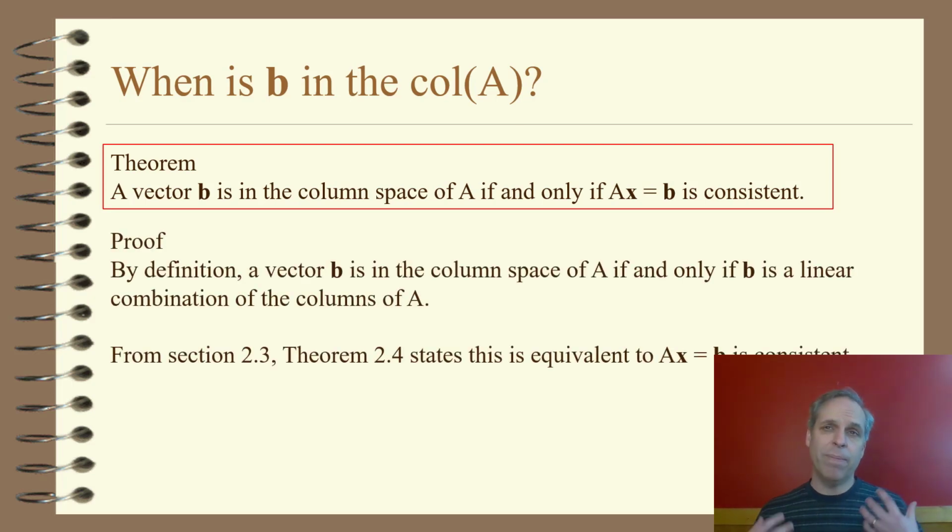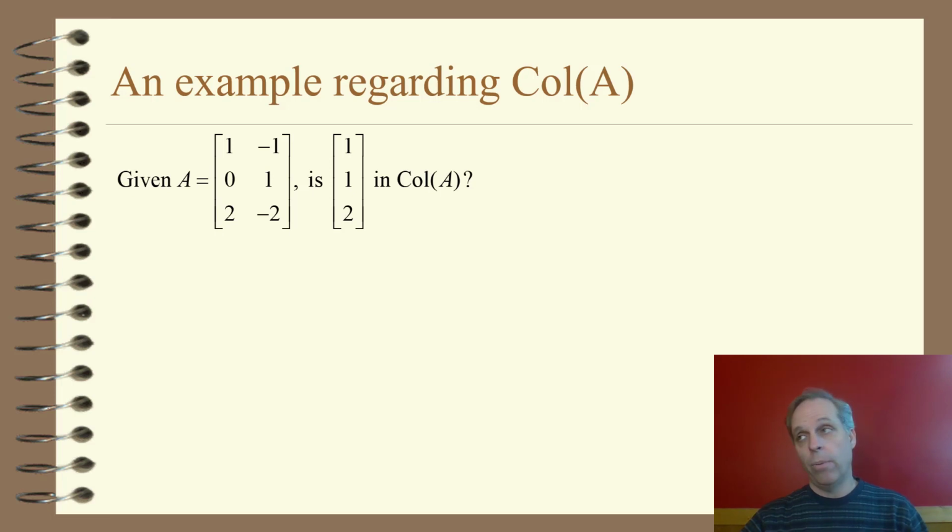By definition, a vector b is in the column space if and only if b is a linear combination of the columns of A. But by our best friend, theorem 2.4 from section 2.3, this is equivalent to saying that Ax = b is a consistent system. So, as an example, I want to know, given this matrix A, is this vector in the column space of A?